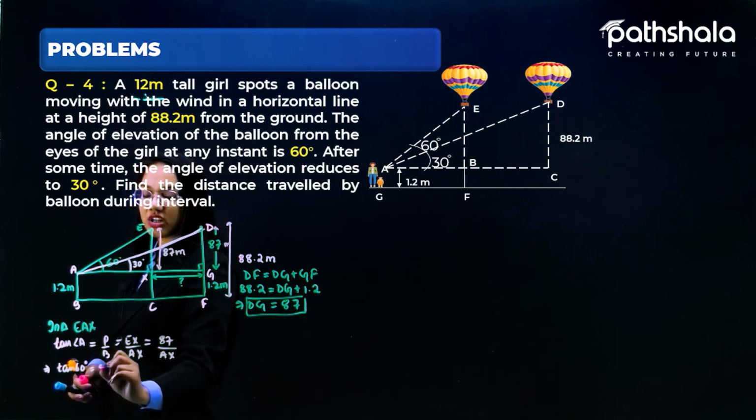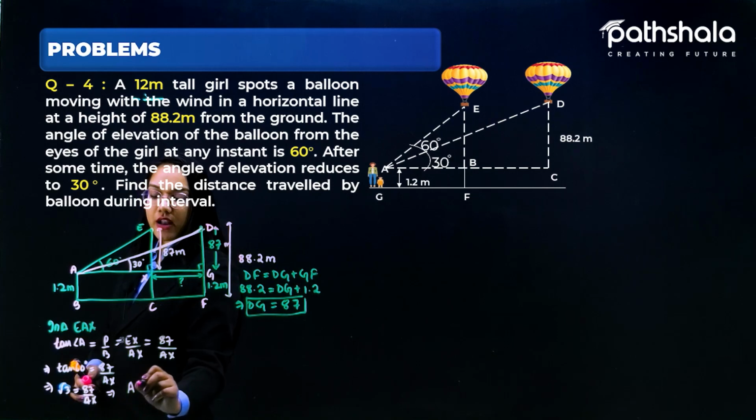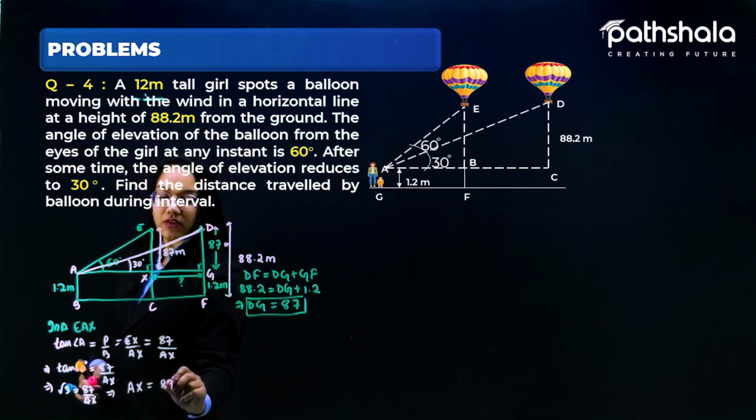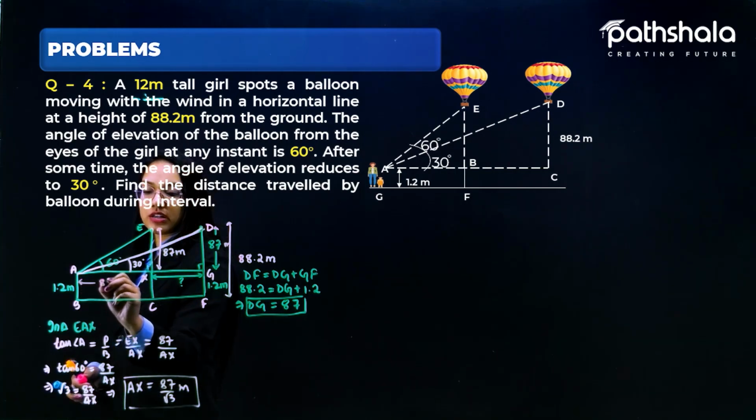So tan 60 degrees is 87 by AX, and we know that tan 60 degrees is root 3. So root 3 equals 87 by AX. Hence we have calculated the value of AX as 87 by root 3 meters.